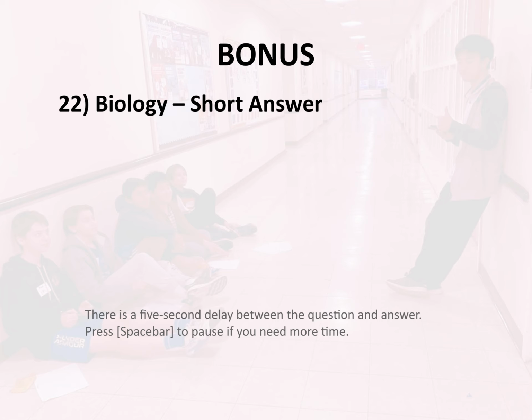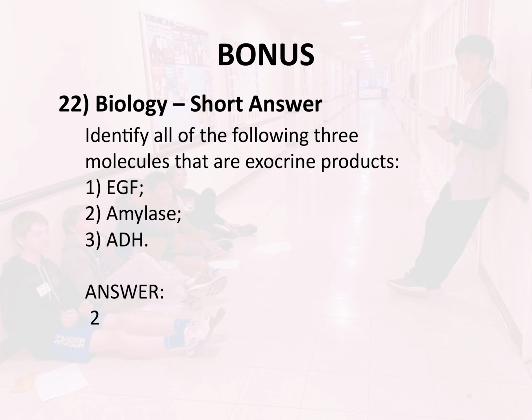Bonus 22. Biology, short answer. Identify all of the following 3 molecules that are exocrine products. 1. EGF, 2. Amylase, 3. ADH. Answer: 2.